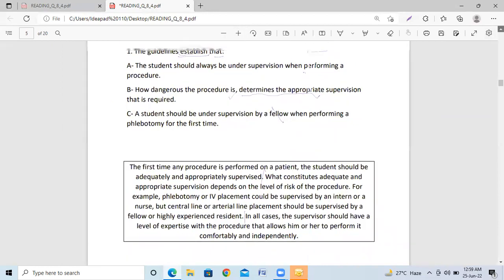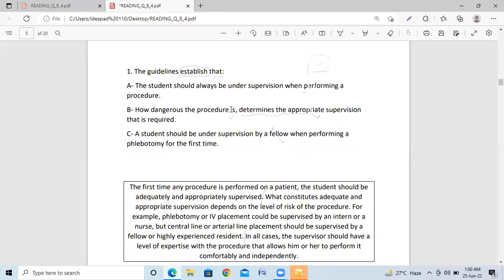So, okay, the question says, the guidelines establish that. Now, the question is very simple, straightforward, no difficult words in it. And what we need to do is, now we understood the question, that the question is asking what is discussed in the text, right? What does this text suggest?